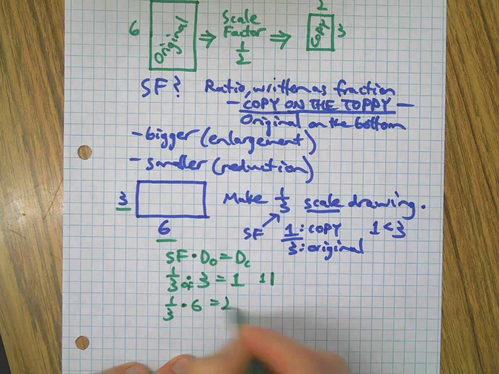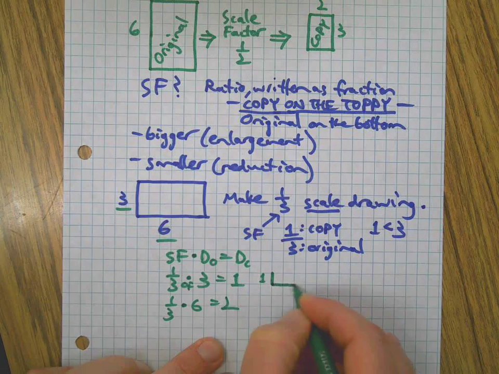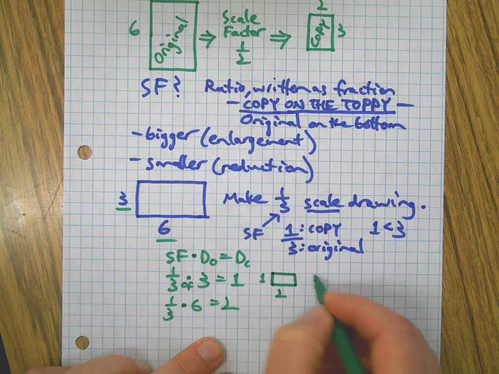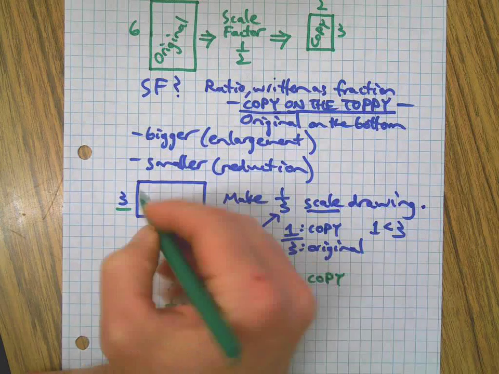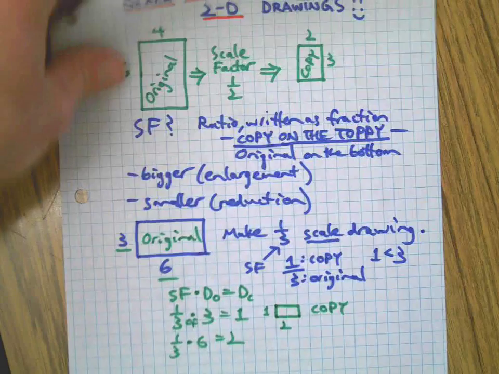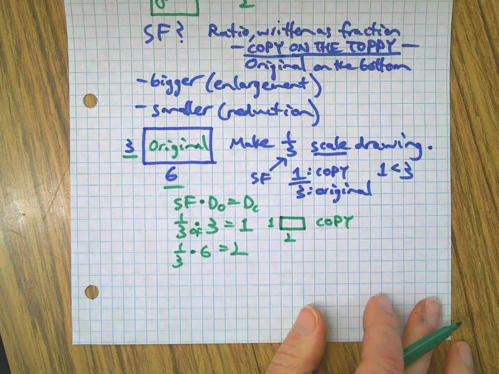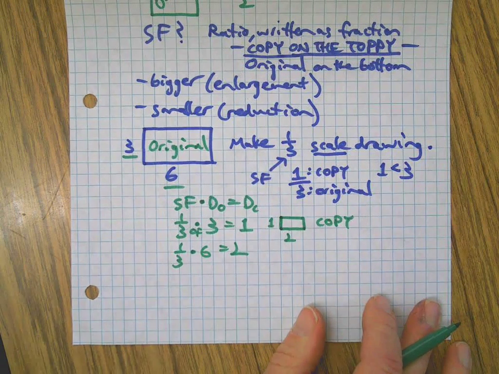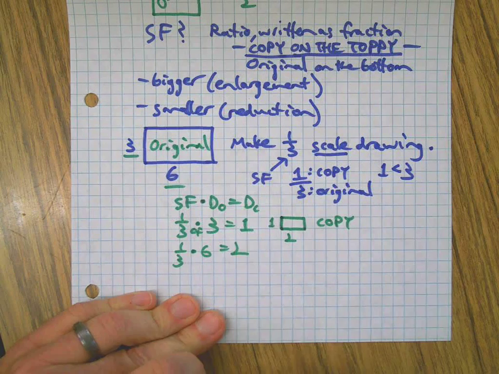What's 1/3 of 6? 2. So the matching side on my copy will be 2. And there's my copy of the rectangle. Here was the original. That's how it works. Scale factor times any dimension of the original makes the dimension of the corresponding side of the copy.